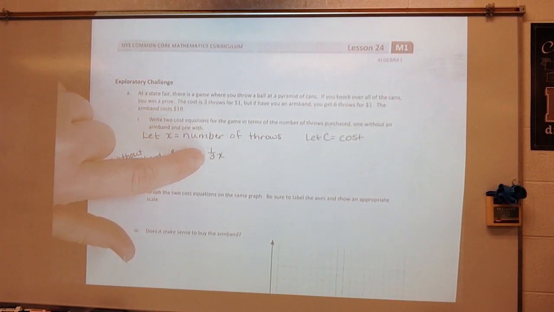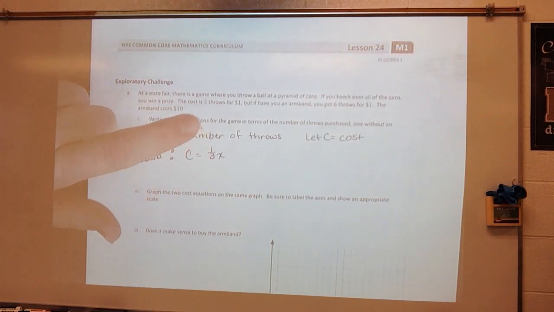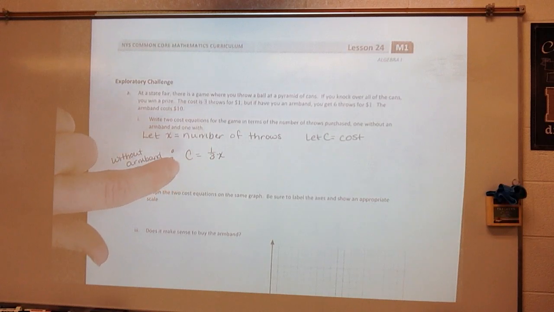Because it is 1/3 of $1, and it makes sense to leave it as a fraction because we can't find 1/3 of $1 exactly. It's like 0.33333333. So we're going to leave it as 1/3 of that $1.